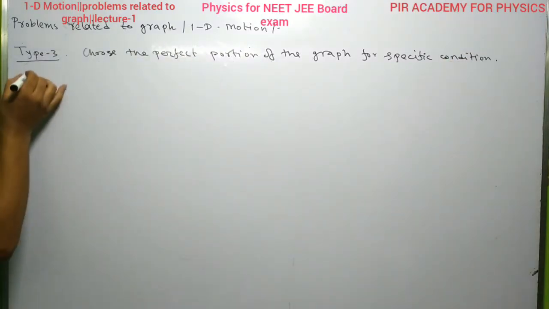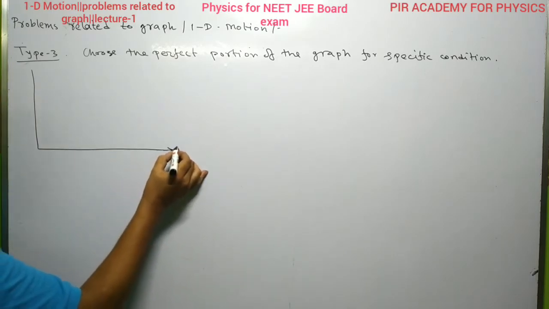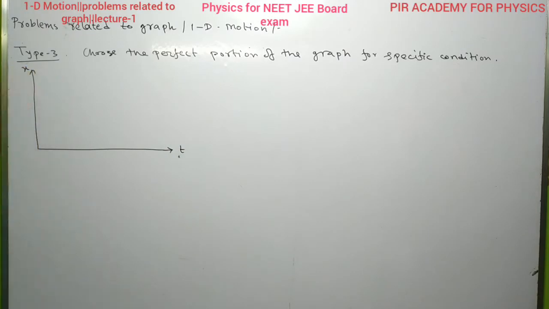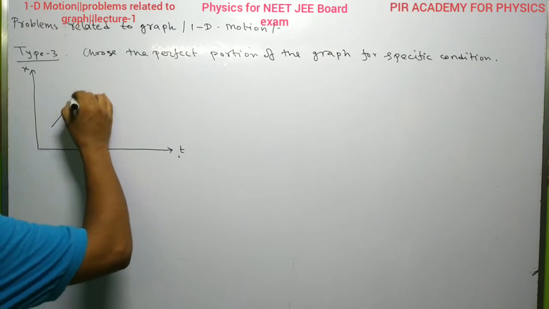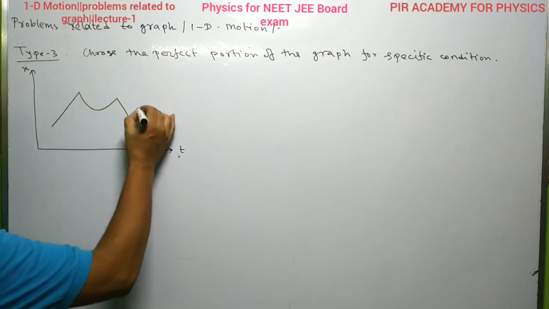If I draw here a x-t graph, here is t and here is x, that means displacement. Suppose this is 1, this is 1, this is 1, this is 1.